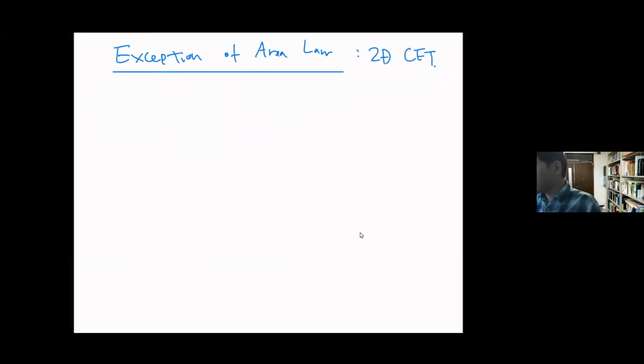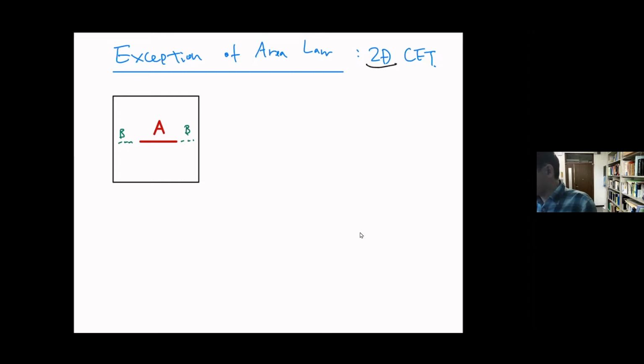So when we talk about this, let's consider the subsystem A here, and the complement is B, right? In this setup, 2D means one time and one space, but the time is Euclidean time.